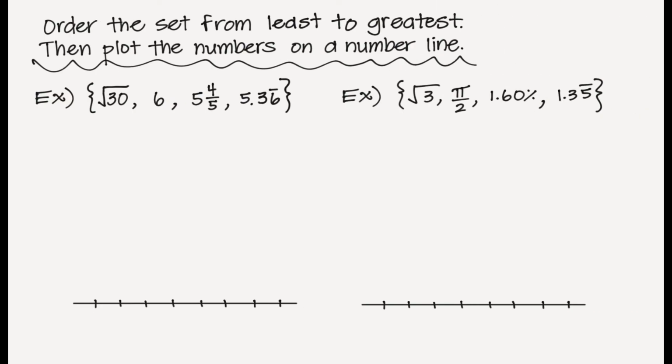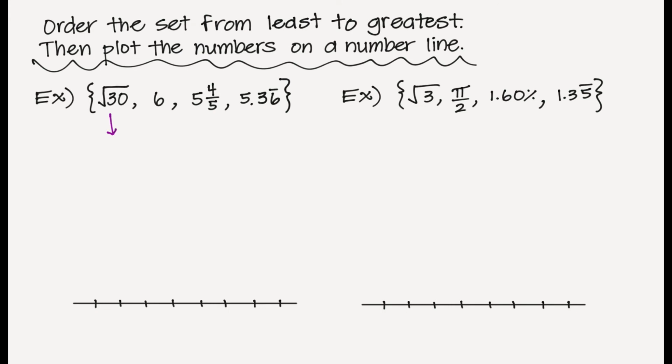Our next example, we're asked to order the set from least to greatest and then plot the numbers on a number line. So I have the set of the square root of 30, 6, 5 4/5, and then 5.36 with a bar over the 6. Like we've been doing, let's go ahead and convert all these into decimals.